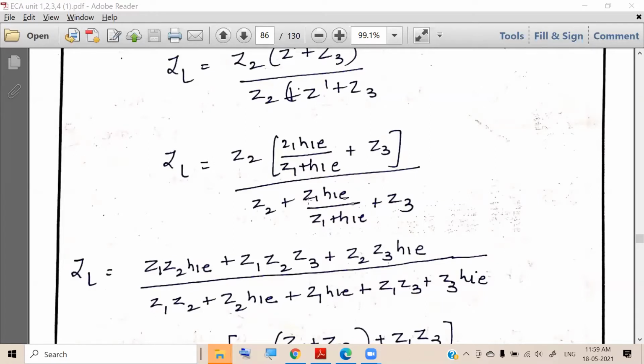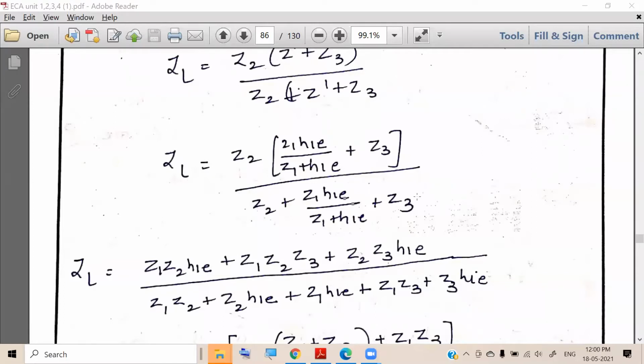Next, the denominator also is not in proper form. As discussed, the numerator we already multiplied with Z1 plus HIE, and the denominator we also multiply with Z1 plus HIE. Numerator and denominator we are multiplying by the same, so the equation is not getting changed.